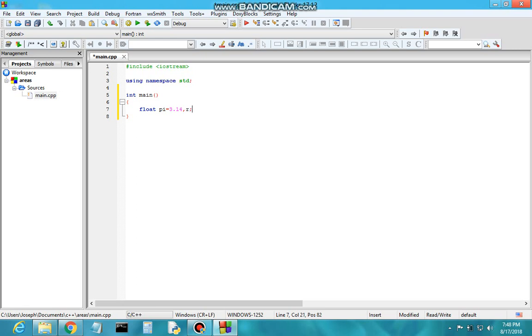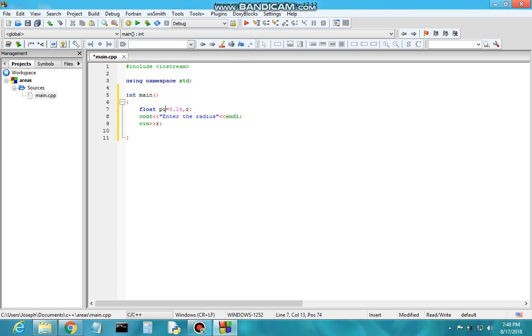Let it be r. Okay, now let's take cout, enter the radius. So let's take the value radius, that's r. Now what's the formula?